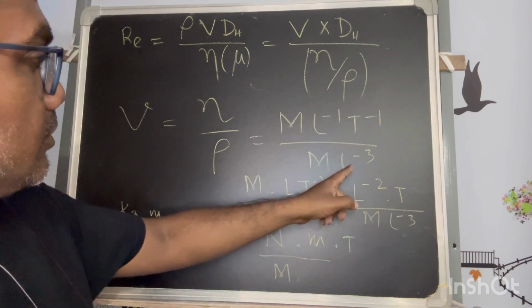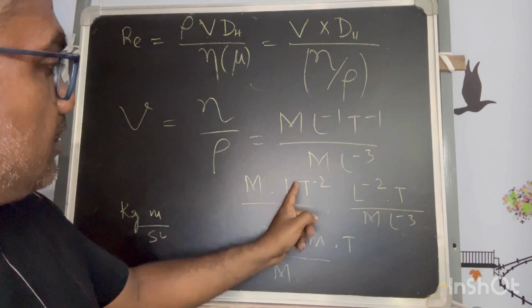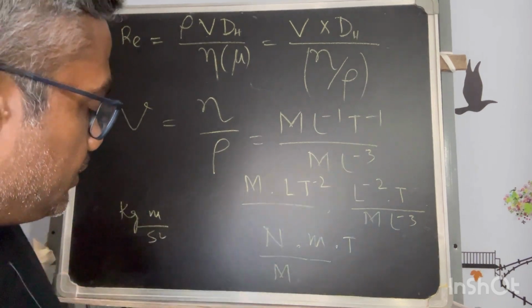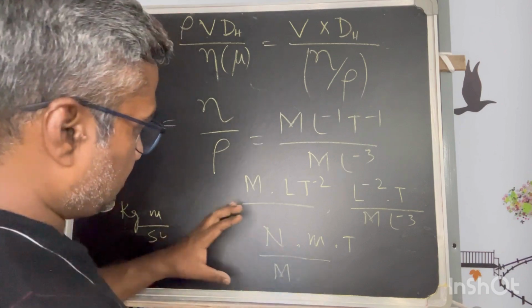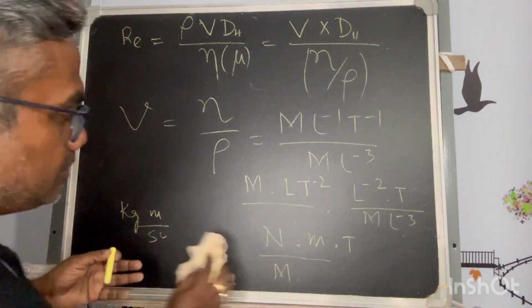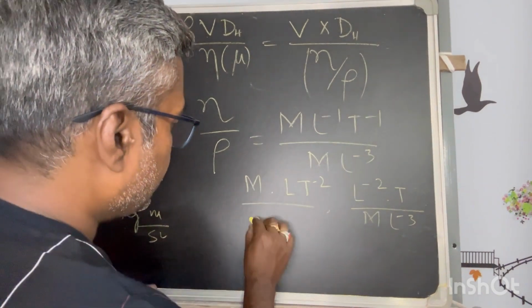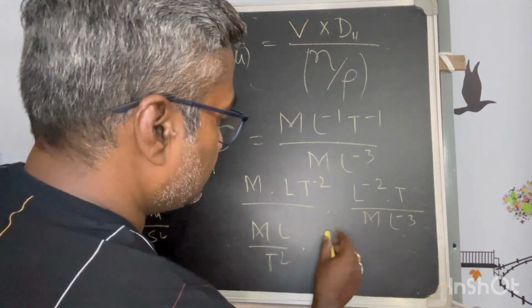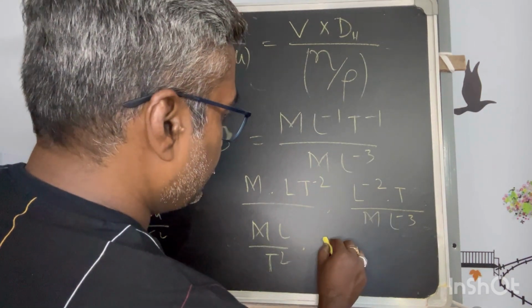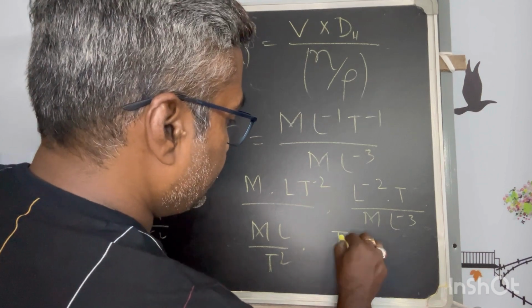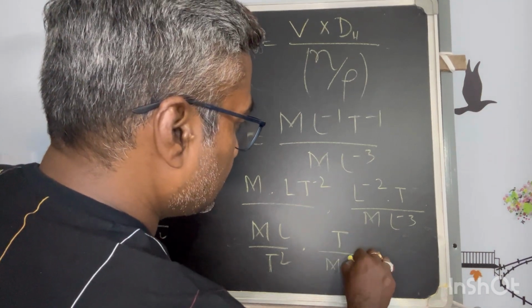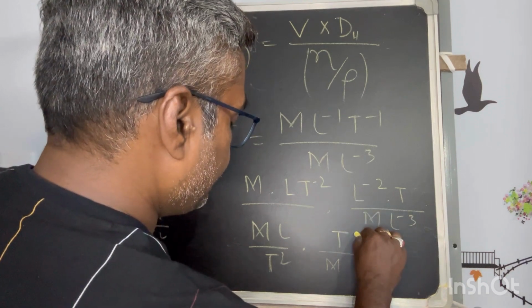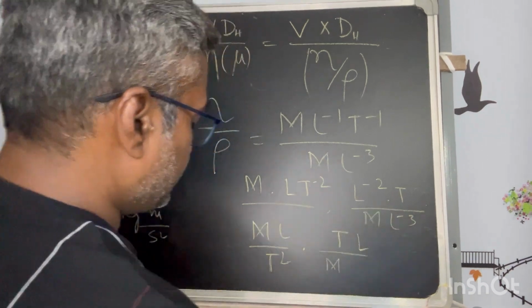What have I balanced here? Yes, L minus 3 is there, L into L minus 1 is coming, T to the minus 2, T is balanced. So this is again, if I take the formation, this will be M L T to the power minus 2 into T, M into L will be there on the top. Okay, fine.